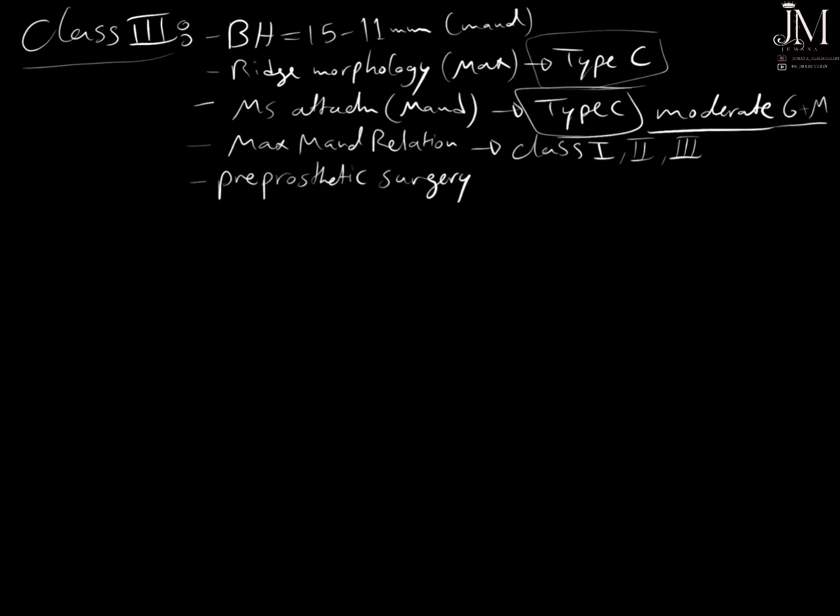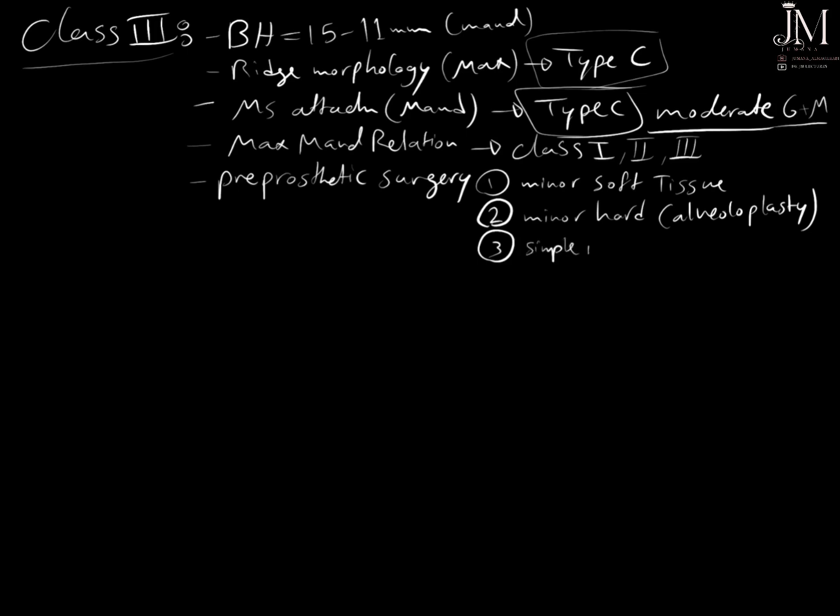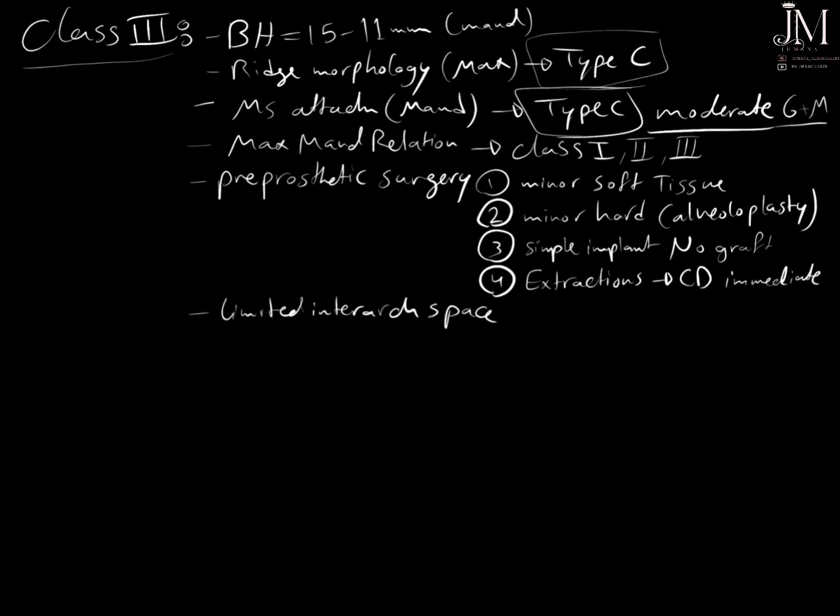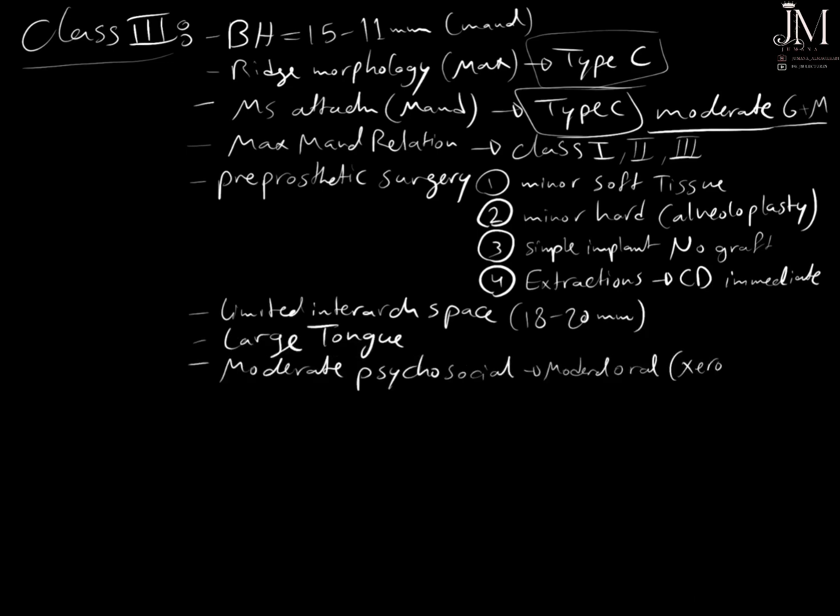Maxillomandibular relationship Class 1, 2 or 3. Conditions requiring pre-prosthetic surgery are minor soft or hard tissue procedures, including alveoplasty, simple implant with no graft, extractions, and immediate complete denture. Interarch space 18 to 20 millimeter, large tongue, moderate psychosocial condition with moderate oral manifestation like xerostomia.